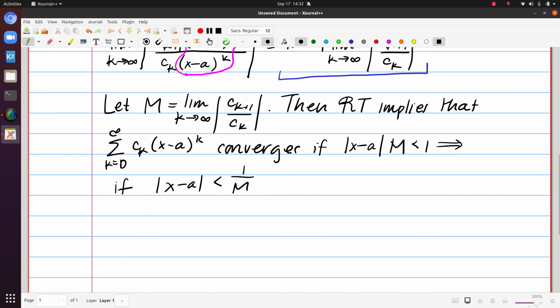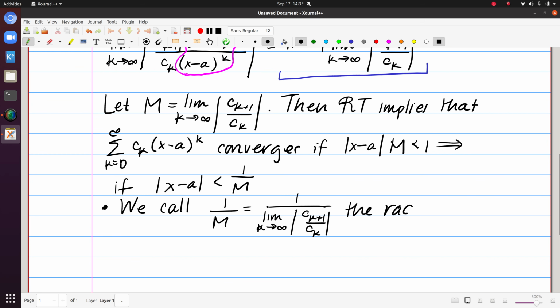So let's give that a name. This value 1 over M, just to be clear, that's 1 over the limit as k approaches infinity of the absolute value of c sub k plus 1 over c sub k. This is what we call the radius of convergence for the power series.